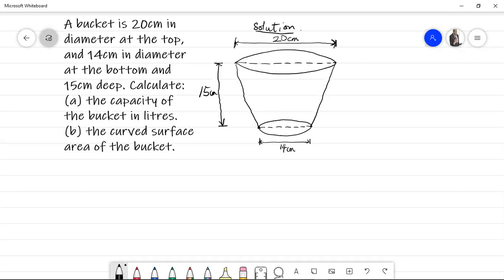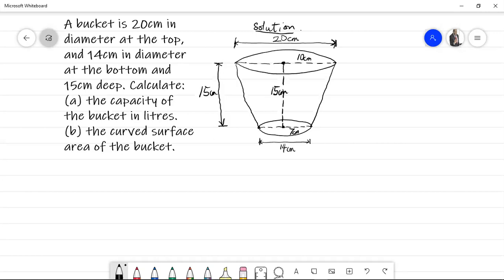Now, the next thing to do is quickly identify that the top of the bucket and the bottom of the bucket will have their centers, so that half of the diameter is the radius, so that you know that this is 10 centimeters for the radius of the top, and then this is 7 centimeters for the radius of the bottom. Very important. Also, you can quickly include the depth of the bucket inside it, showing that that is also 15 centimeters. Noted.